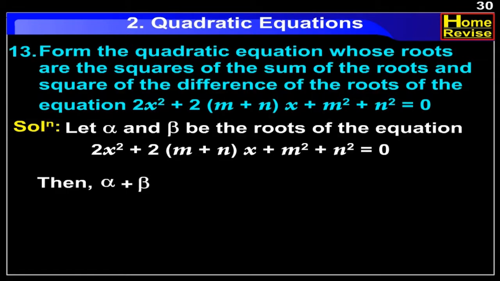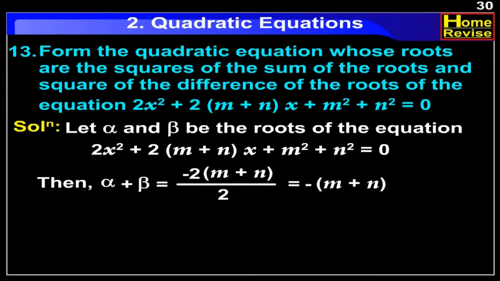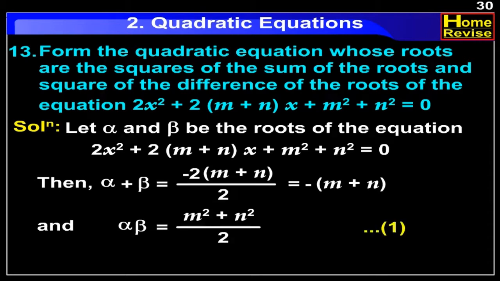Then alpha plus beta would be equal to minus 2 into (m plus n) upon 2, which would be equal to minus (m plus n), and alpha into beta would be equal to (m square plus n square) upon 2. Let's put it as 1.